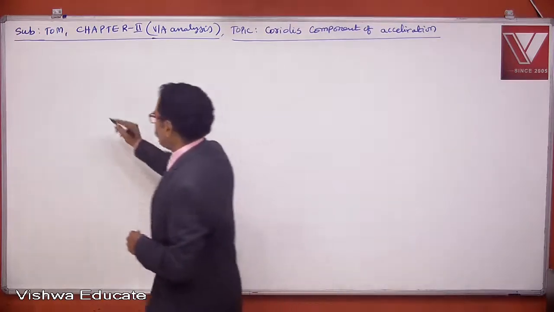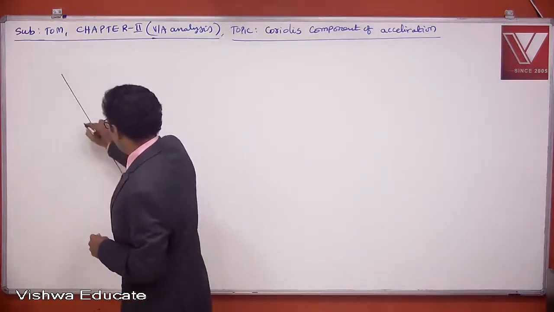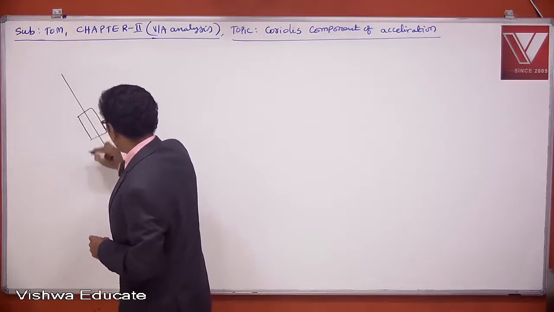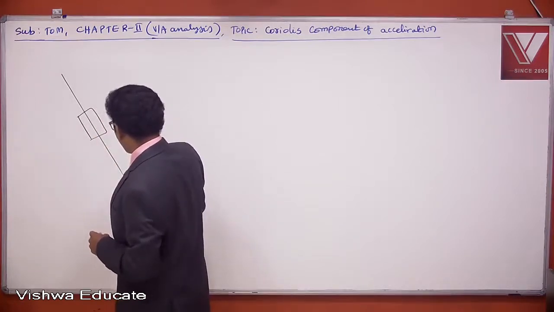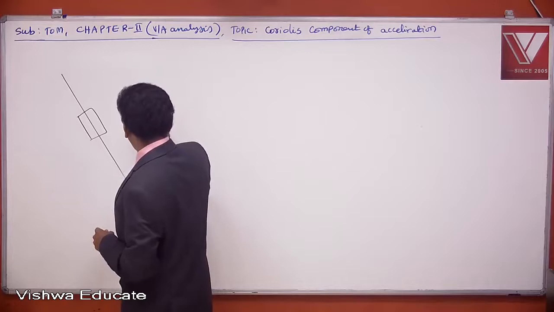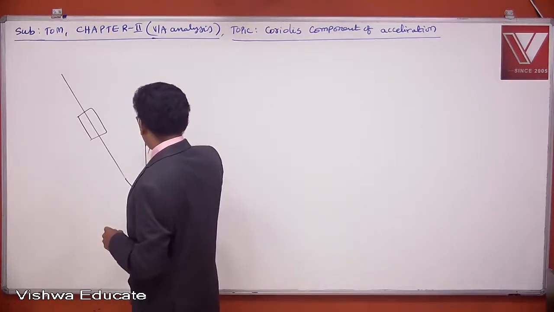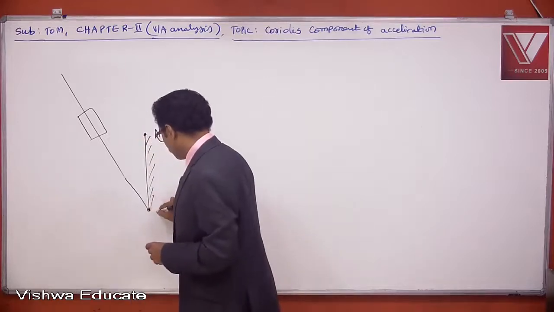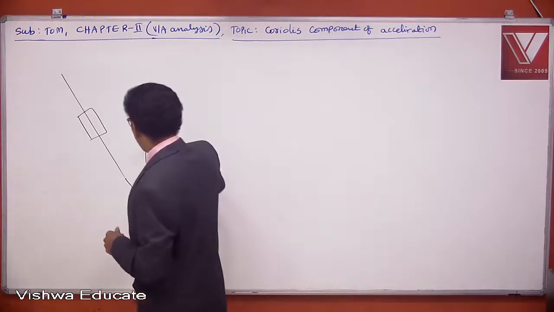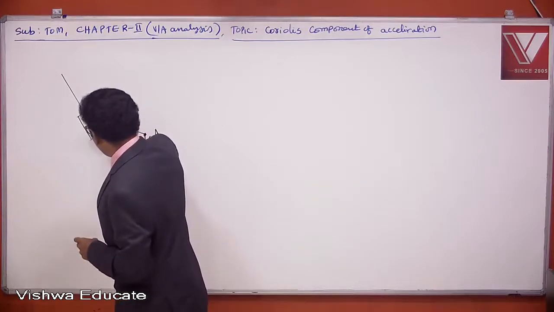In the crank and slotted lever mechanism, this is the slider, and this is the fixed link, this is the crank center, this is the lever center, and it is connected to a crank like this.